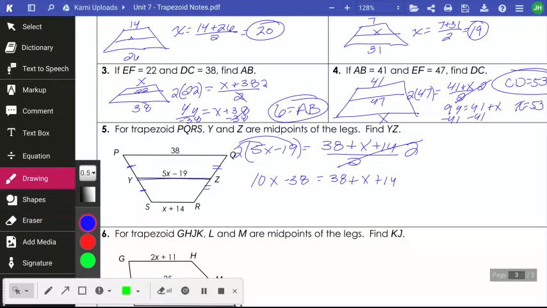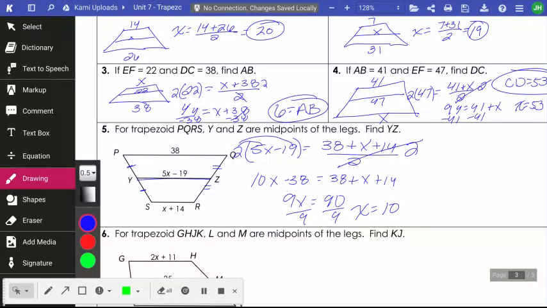And so then I'm going to have to move my numbers over to one side and my x's over. So I'm going to subtract x from both sides, so I get 9x. And I'm going to add 38 to the right, and I'm going to combine that 38 and the other 38 and the 14 all together. So I'm going to simplify all those numbers together so that I get 90. Divide both sides by 9, and I get x is 10.